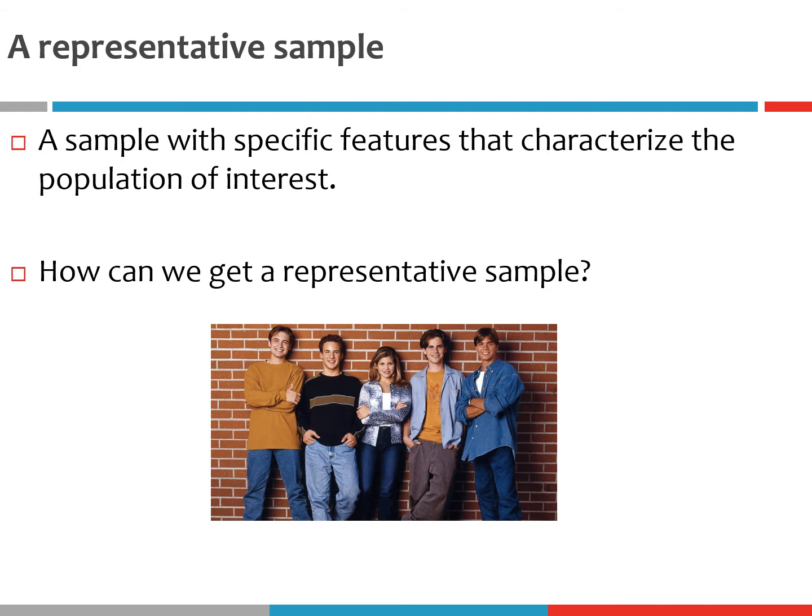So maybe older students who are taking classes while working a full-time job, or students with different family obligations, maybe a spouse and children, things like that. So we want to make sure that our sample is representative of all of the different characteristics that we would find in our population.